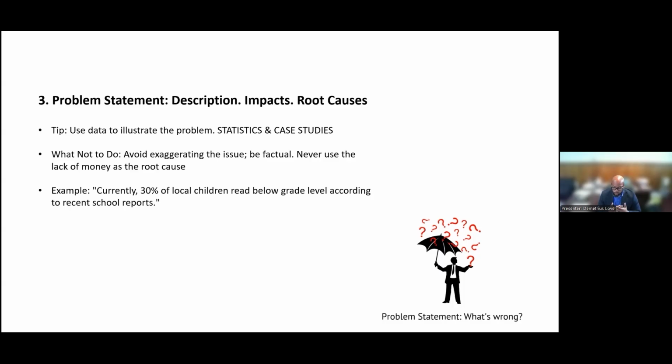Again, you can put that prompt into ChatGPT, and it will tell you in ABC area, what is the actual statistic of students who are reading below grade level? If you can go back, what are case studies that support this problem? Give me 3 root causes to this problem.